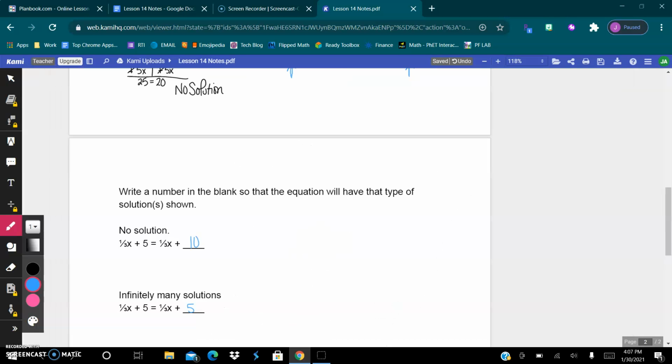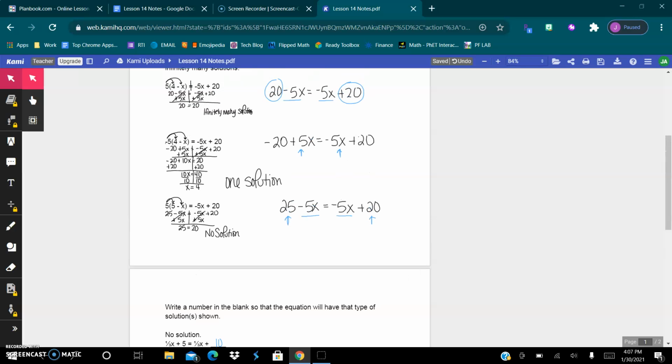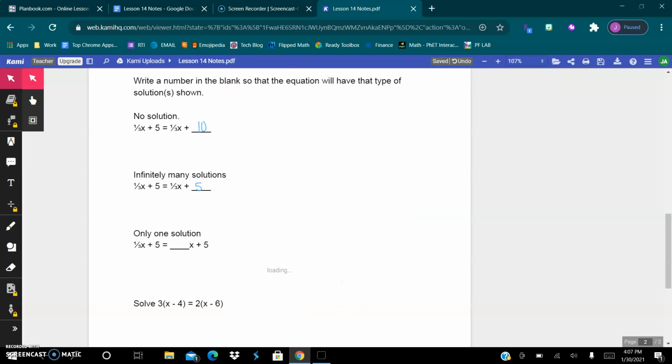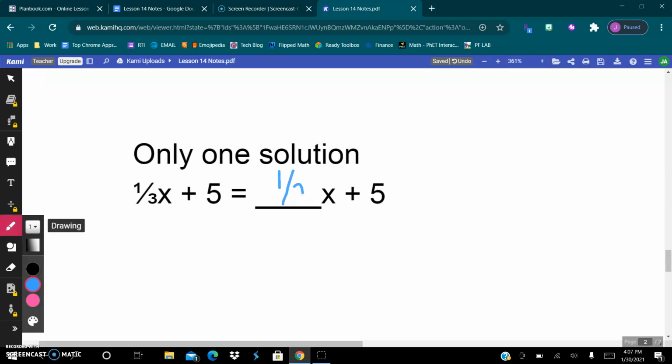And then our other one here is one solution. So the one solution was where our coefficients in front of x were different. So the left-hand side has a 1/3. I can put a 1/2, or I can put a 10. I can put any number there as long as it's not 1/3.